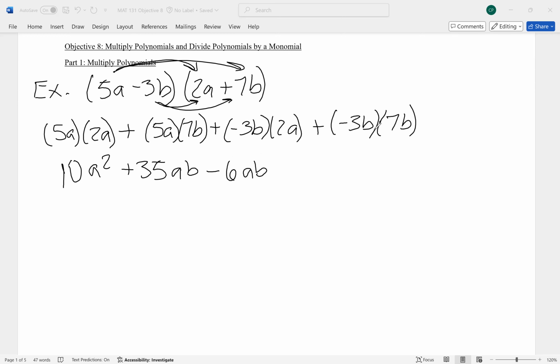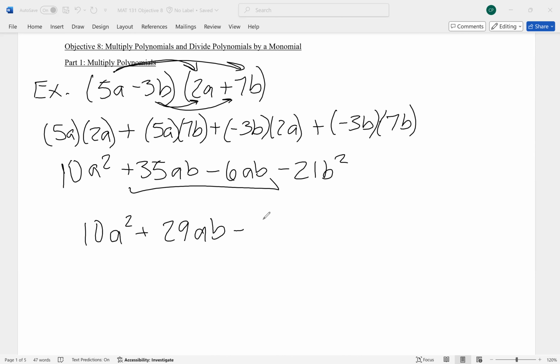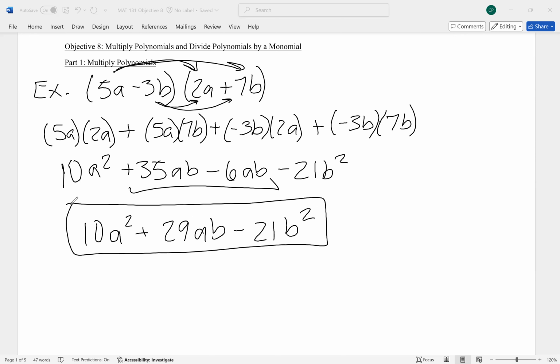And then the last one is negative 3b times 7b, which would be negative 21b squared, okay? So the two in the middle are like terms and can combine to be 29ab. So our final answer is going to be 10a squared plus 29ab minus 21b squared. Okay. So those are the basics on just multiplying polynomials.